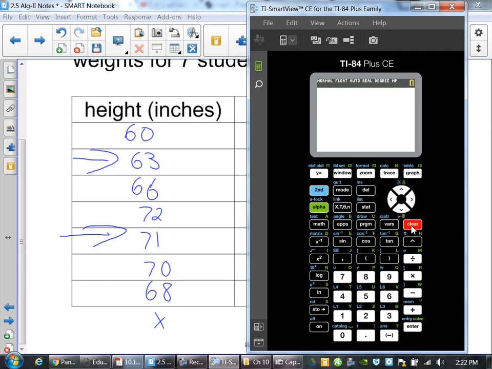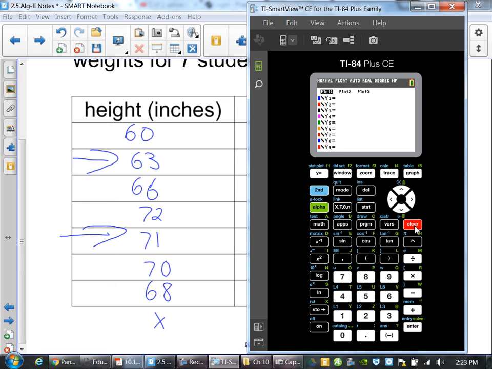So you have to hit second, plus sign, 4. Hit enter. Done. Go to your y equals. Clear out anything that's in your y equals. You got to clear all that out also.